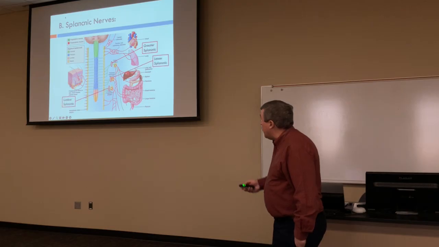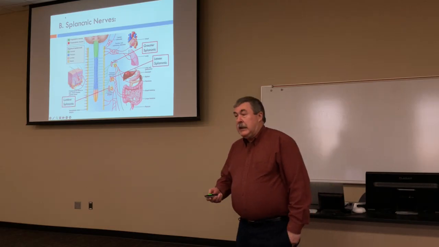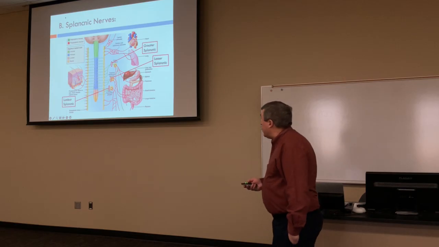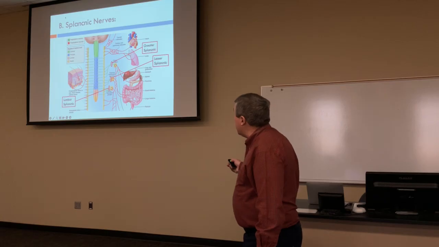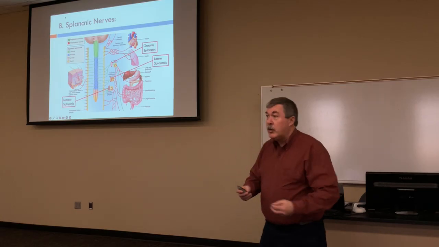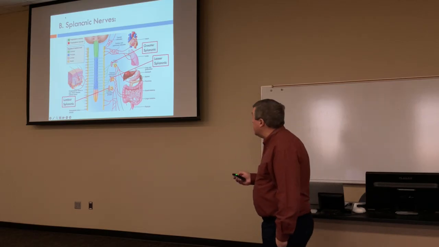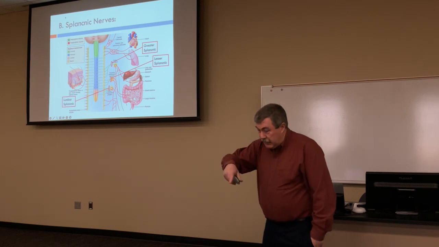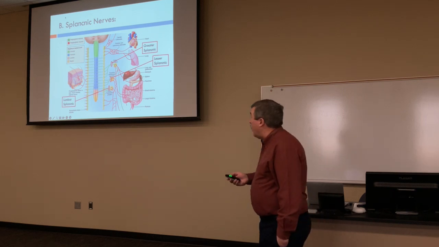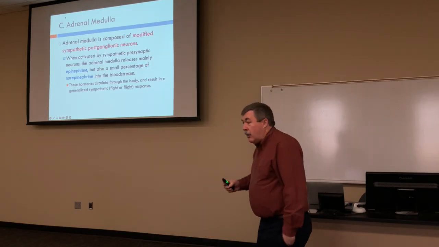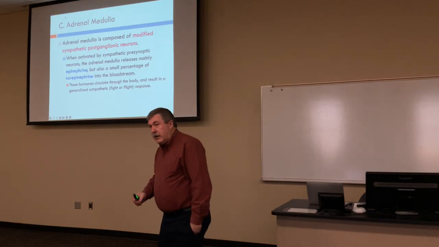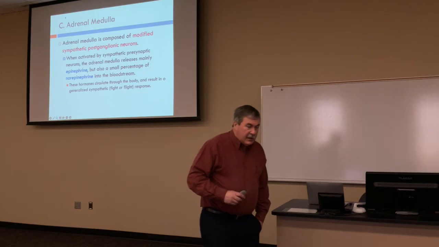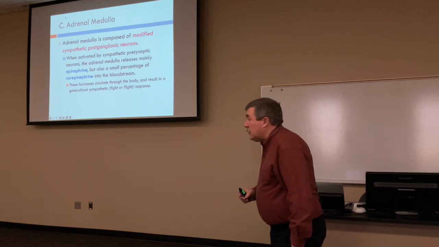Then I pointed out that along the trunk, the preganglionic neurons come together to form three nerves, and these are the names of those three nerves. You can see those on the inside of the dorsal body wall on a person or a cadaver. Now another part of the sympathetic division that you might not think of at first is the adrenal medulla.